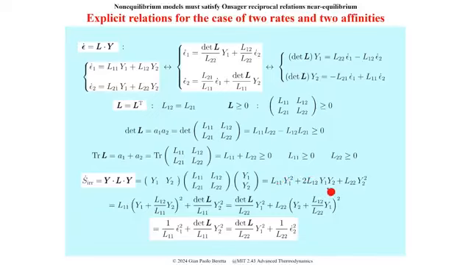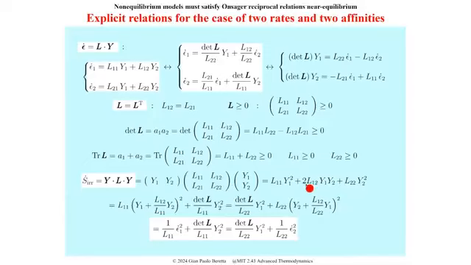However, if you write it in this way, you notice that this double product in the middle may not have a definite sign, because the affinities can be positive and negative. So suppose y1 is positive and y2 is negative. This is negative, and so you have a negative term.